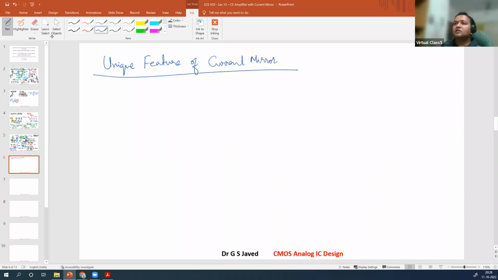What is the unique feature? Your unique feature is given here. So your ID is now dependent on K and VGS minus VT whole square. K is effectively W by L. So I will simply write it as ID is dependent on VGS minus VT the whole square and W by L.